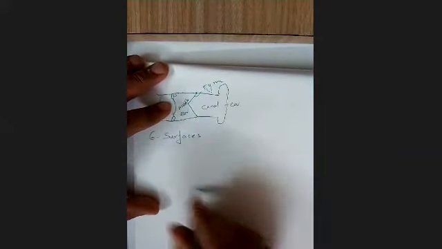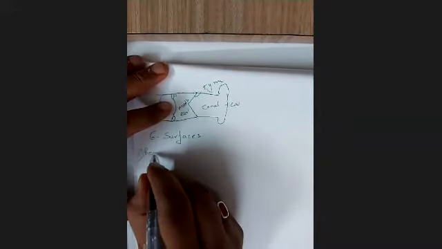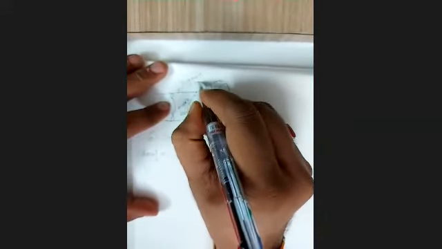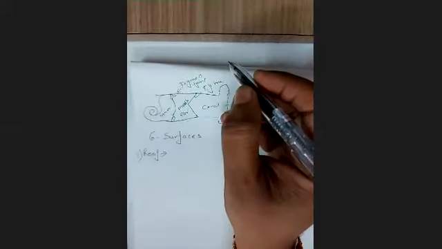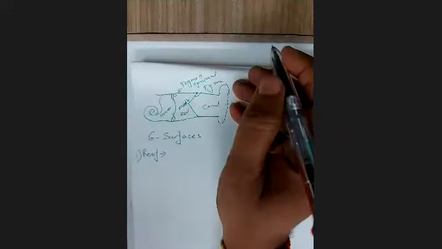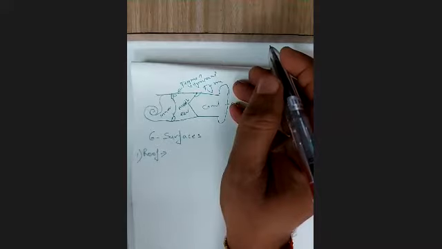Firstly, let us talk about the roof. The roof is formed by the tegmen tympani. It is a small part of the bone which separates it from the middle cranial fossa.